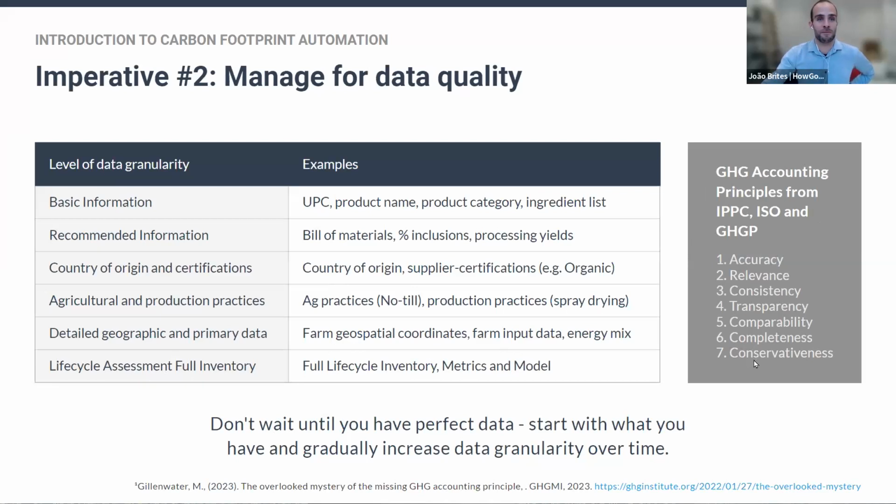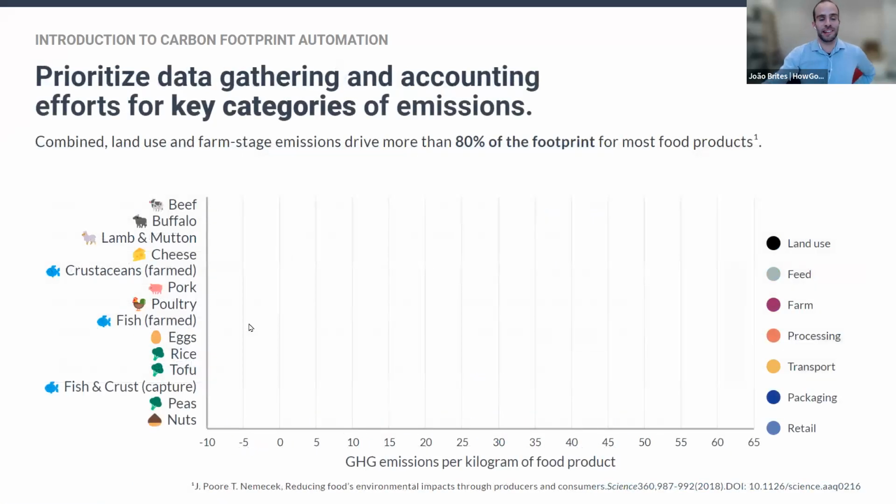If you're not able yet to ingest primary data and you're using mostly basic information, that's okay. You can still do GHG accounting, but make sure that you're conservative so that you're not underestimating emissions. The worst case scenario, you're overestimating them.